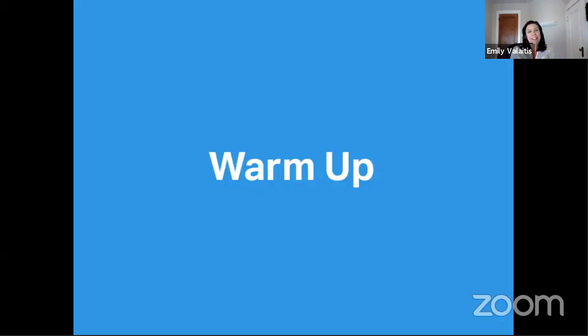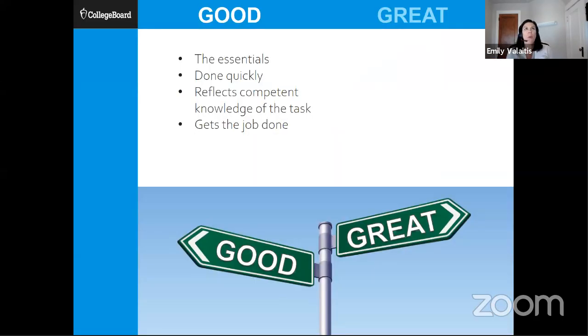All right, before we get started, just a review of yesterday. If you didn't watch, just pay attention and think, how does this pertain to me? We operated under this lens of what is something good to do in my writing, and that's typically something that'll be done really quickly. It will demonstrate an adequate or a competent knowledge of the task. It's good. It gets the job done.